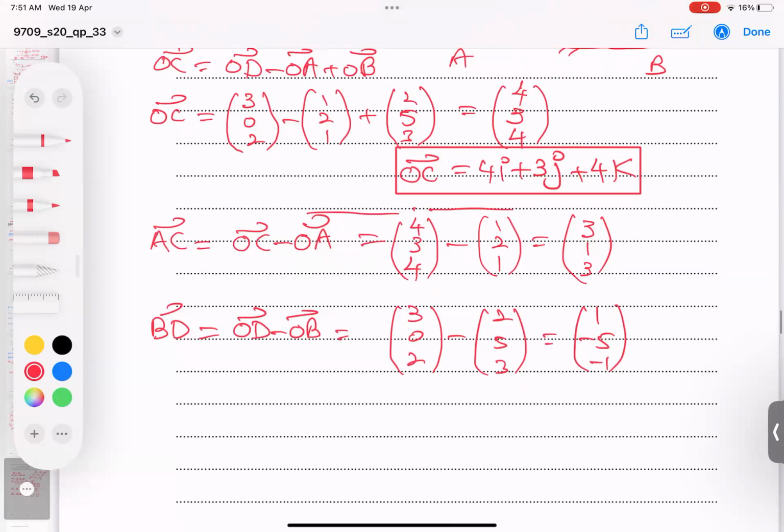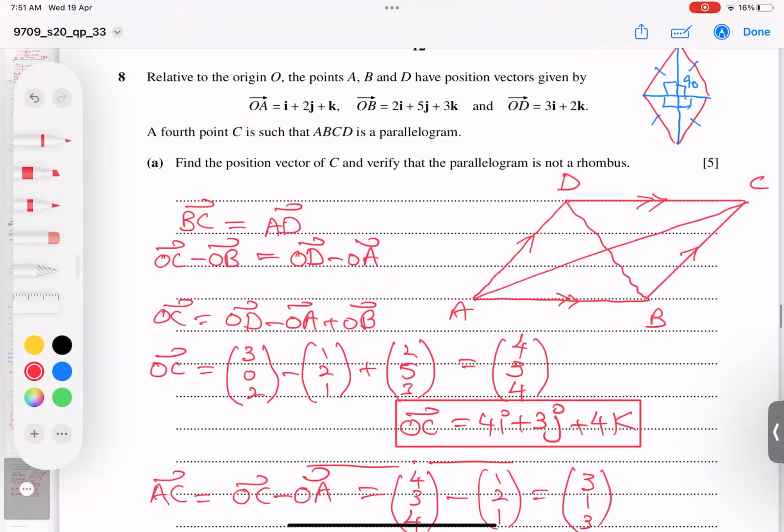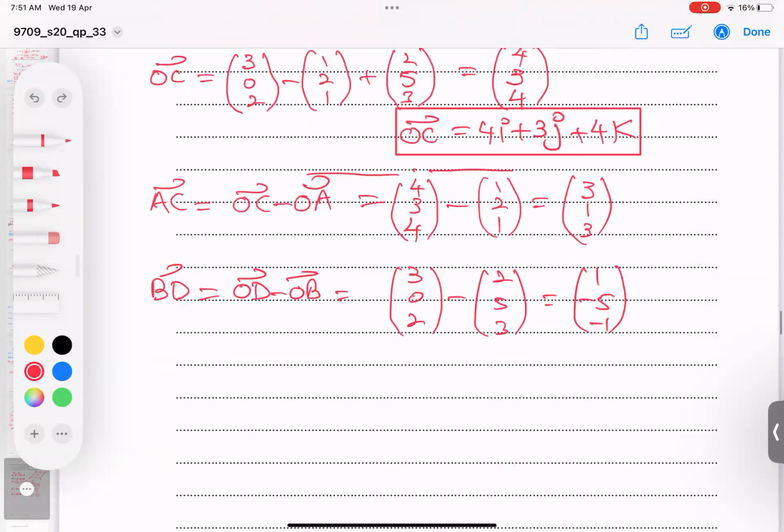And now, whenever you want to prove 90 degrees, what I will do is find the dot product. I'm going to find AC dot BD vector. I'm going to find the dot product value. If the answer becomes 0, it proves that they are perpendicular. So let's see: 3, 1, 3 and 1, minus 5, minus 1. In a dot product, the corresponding position members are simply multiplied and added.